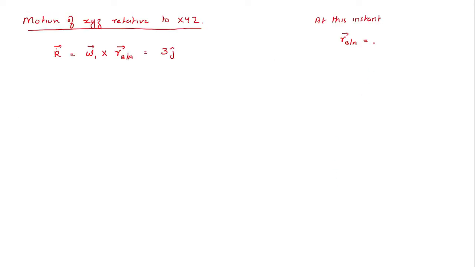So r_B with respect to A will be equal to 0.075 i cap minus 0.140 j cap. So if you substitute it here, it will become 3j cross 0.075 i cap minus 0.140 j cap, that is equal to 0.255 k cap.